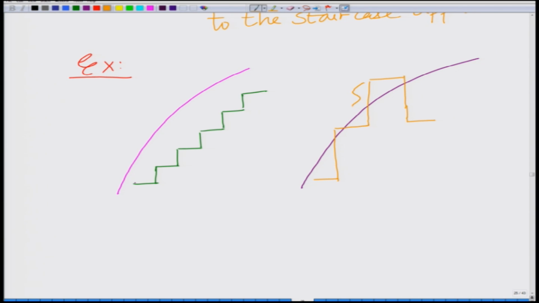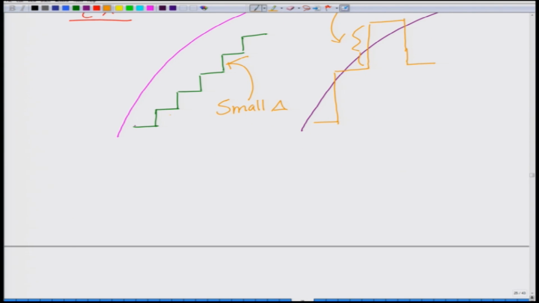So, this is basically your large delta, and this is basically your small delta. And in this scenario, what is happening?